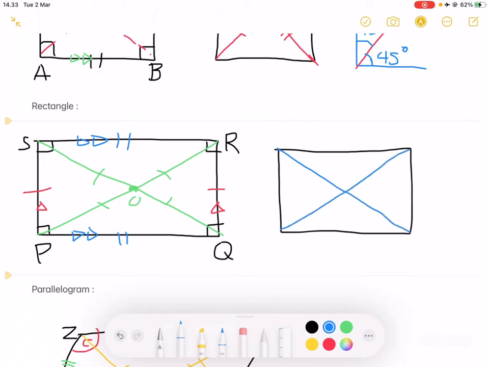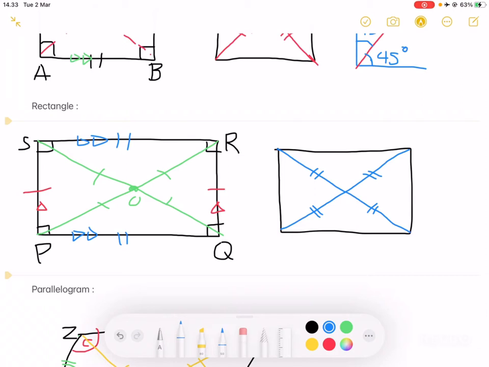The only property that the diagonals of a rectangle have is that they bisect each other, just like the square. That means the diagonals cut each other into 4 different parts right here, and they are all equal. So that's it for the diagonals of a rectangle.